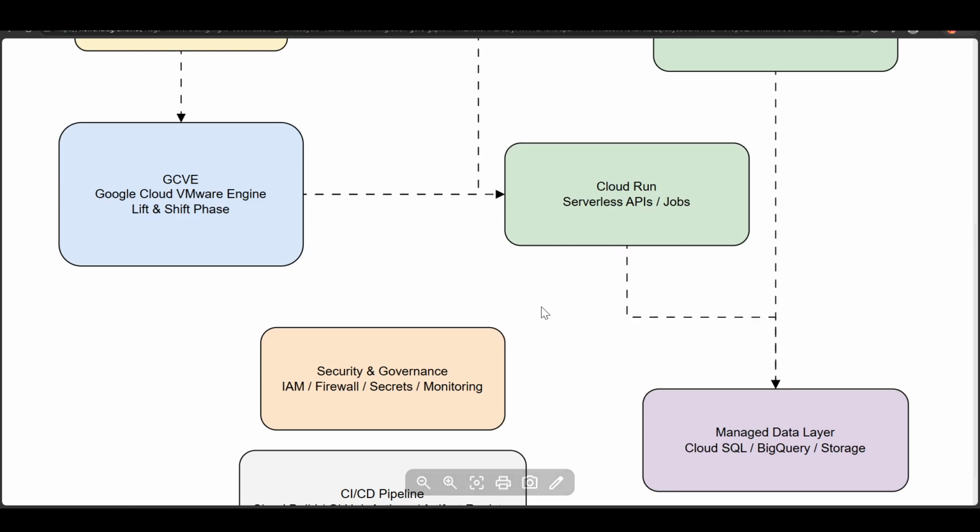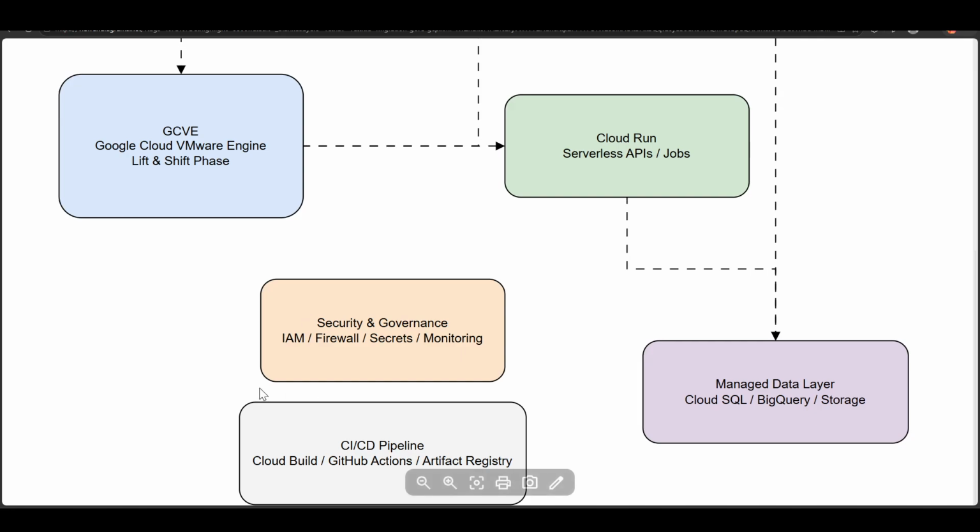Now, we are looking at the other aspects here: security and governance and CI/CD pipelines. These are also items I've configured during this, because maintaining the applications on the newly migrated services is mandatory for us.